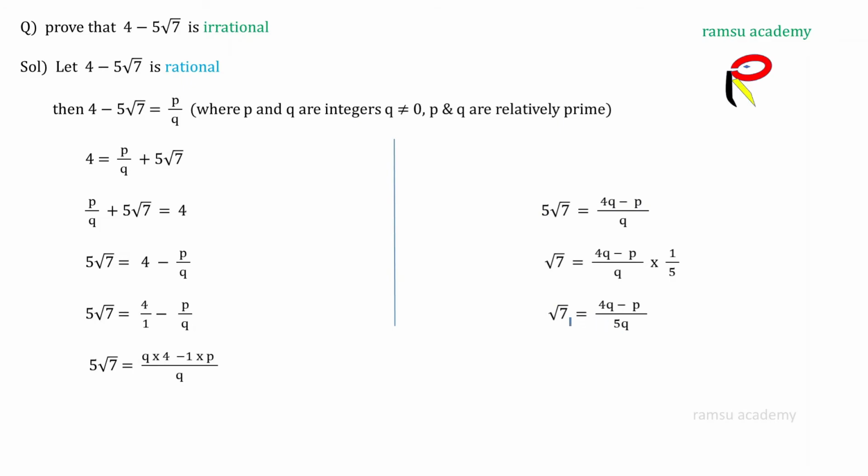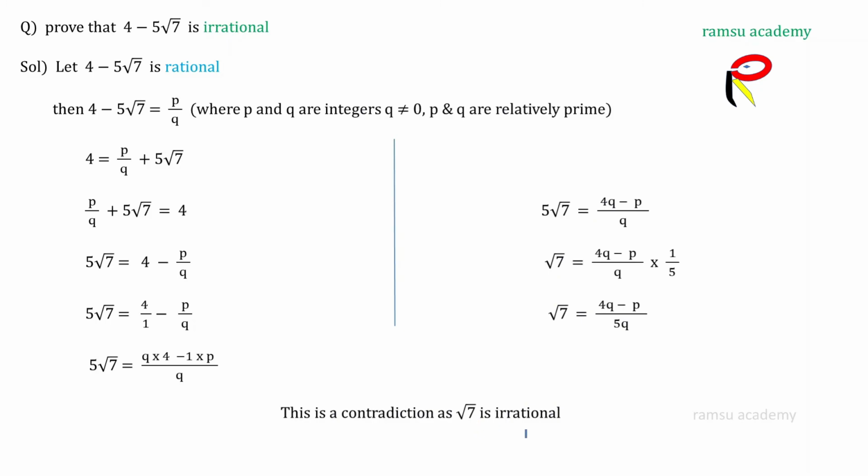So we got root 7 in the form of a fraction. This is a contradiction as root 7 is irrational. We know that irrational numbers cannot be expressed in the form of a fraction.